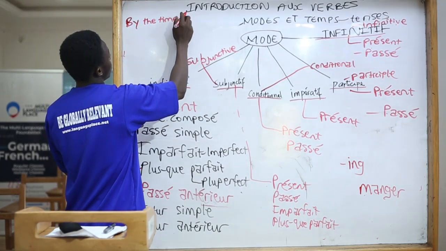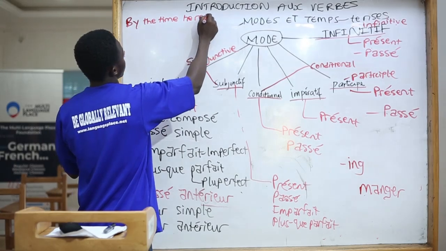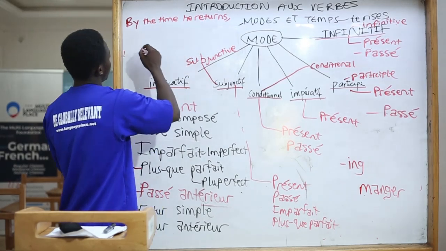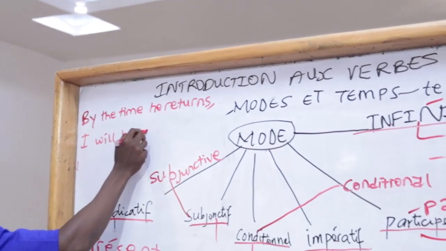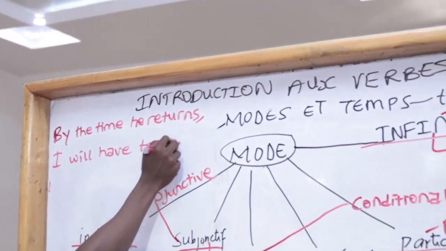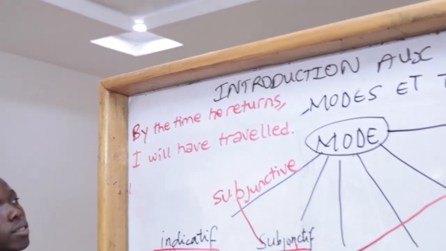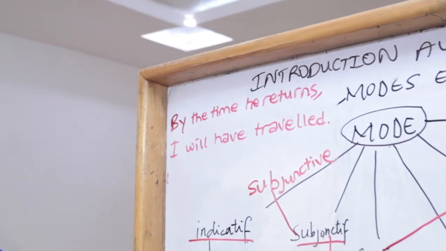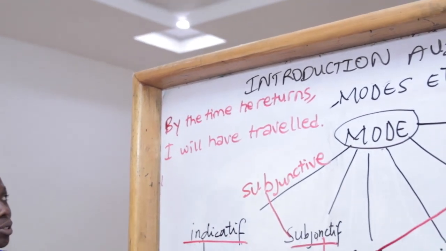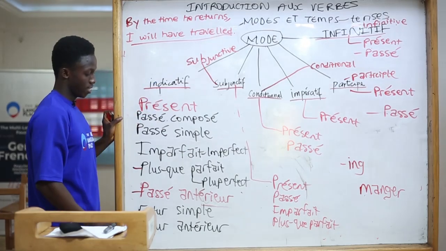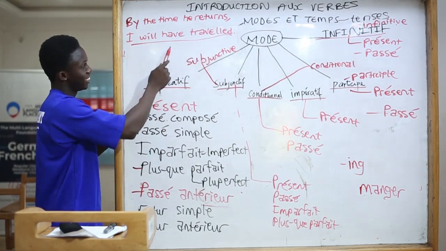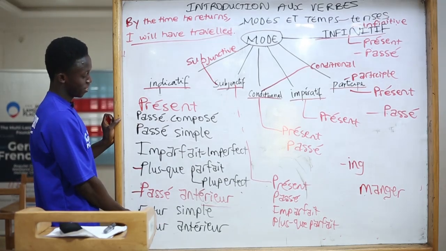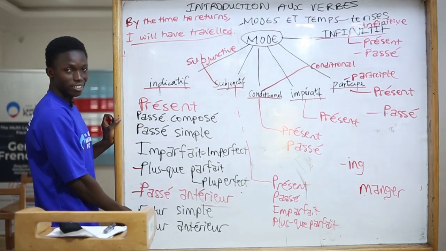By the time he returns, I will have traveled. By the time he returns, I will have traveled. This is futur antérieur.